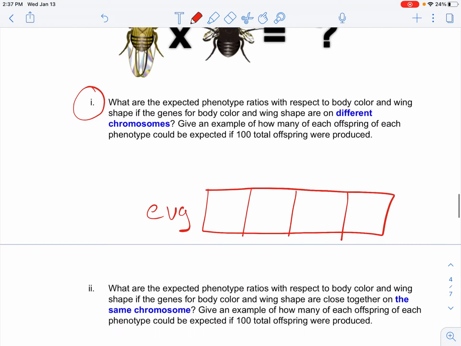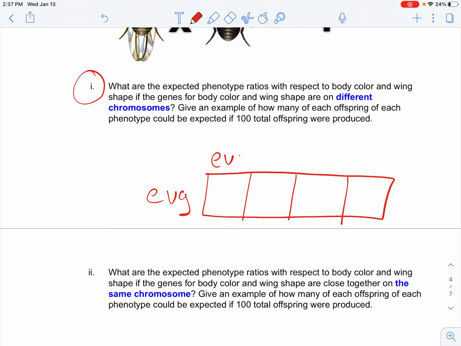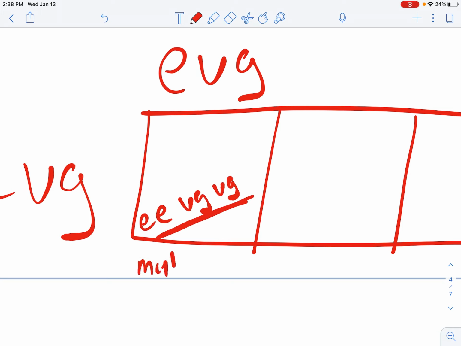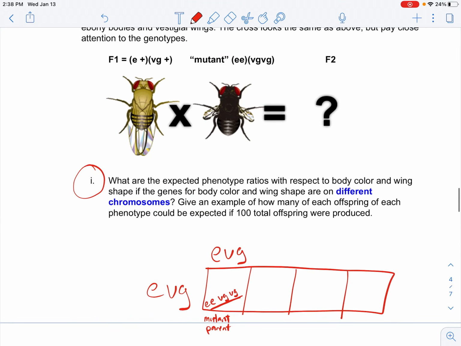So I'm going to go E, VG, and I'll just write it out here. This will look like the mutant parent. Okay, that's going to look just like this one.